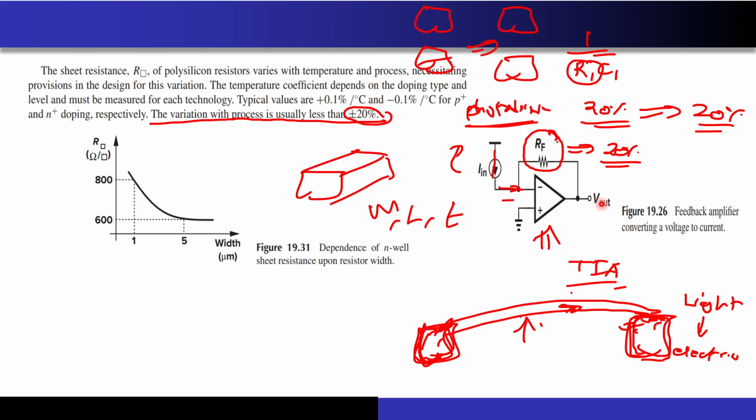This is what you will try to decode, that there was some information and that is why I get a change in the V out. So that means there was some change in the I in, and that is getting reflected in the V out, but the actual culprit is your RF, right?